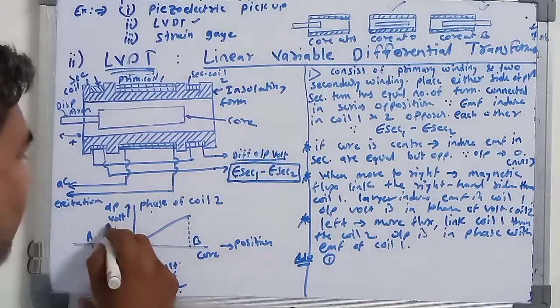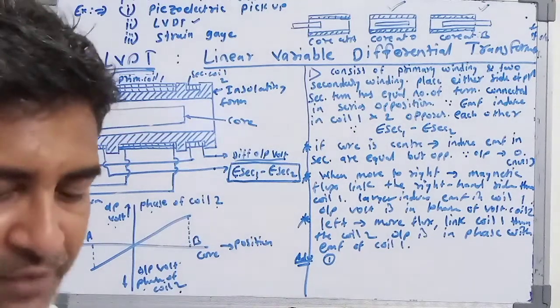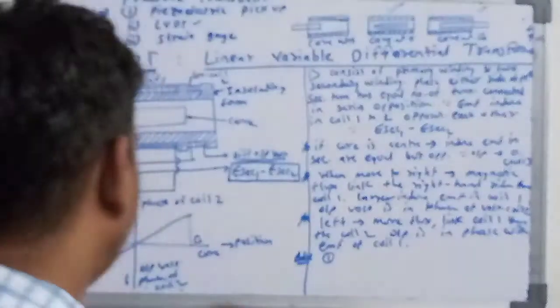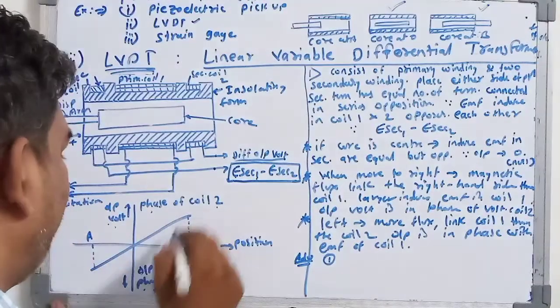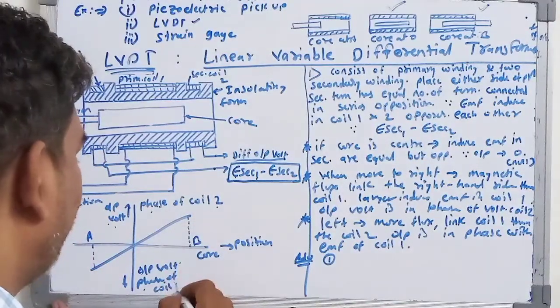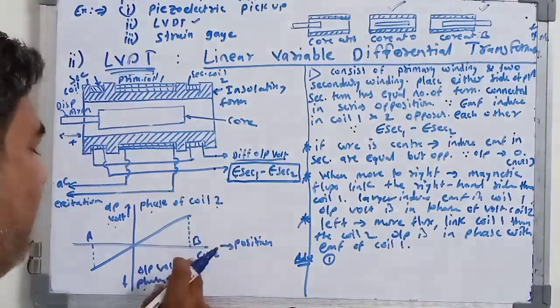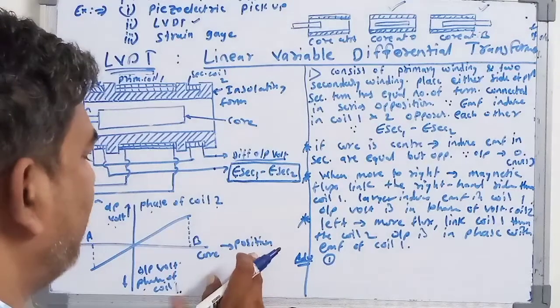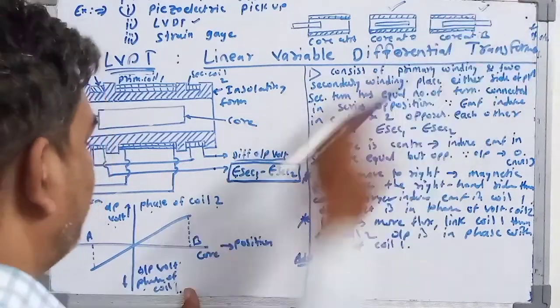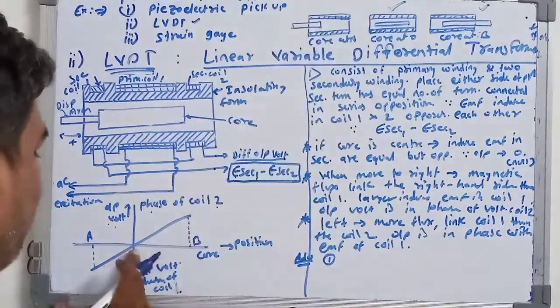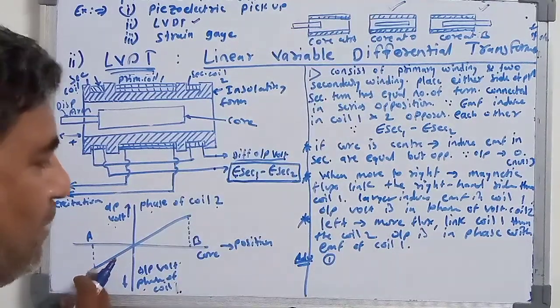So the different phases have been allotted to you, and due to that the values are set like this with the A value and the B value. Here we mark coil number 1, and here coil number 2. Whatever position occurs, if it is in the right position, we have shown the right position like this, and if it is in the left position, we have shown the left position like this.